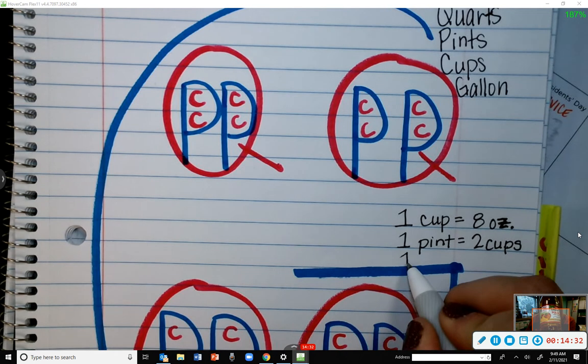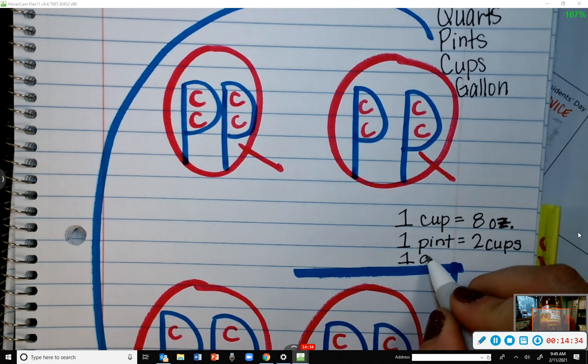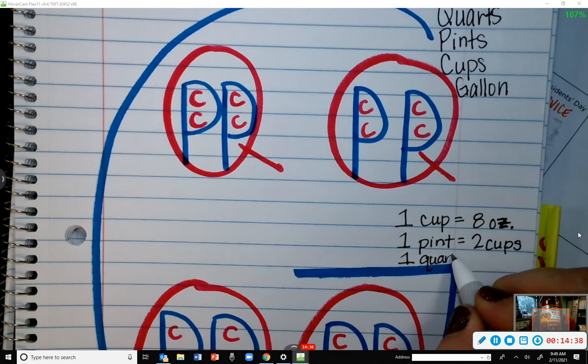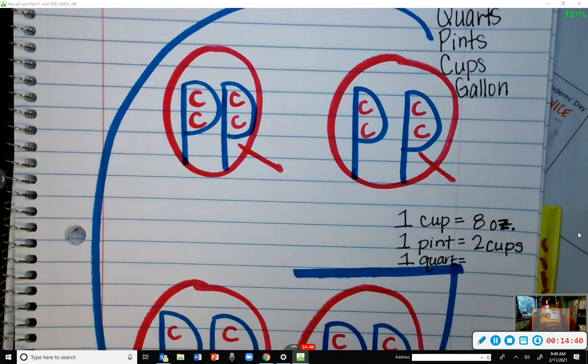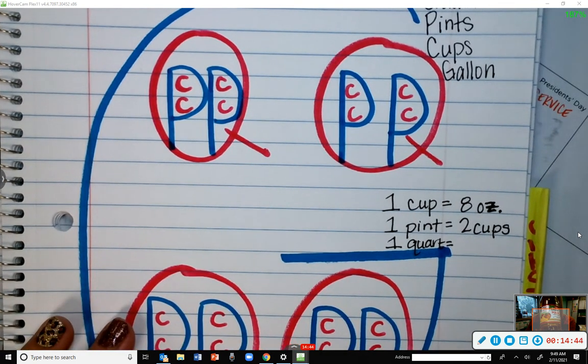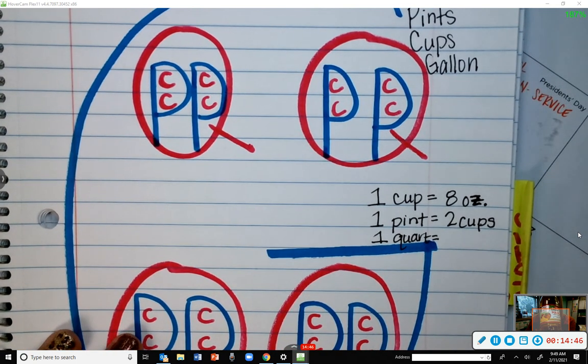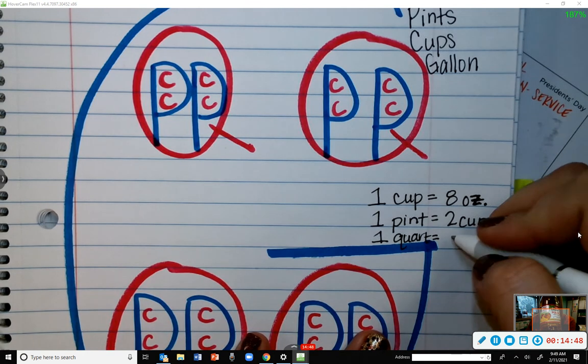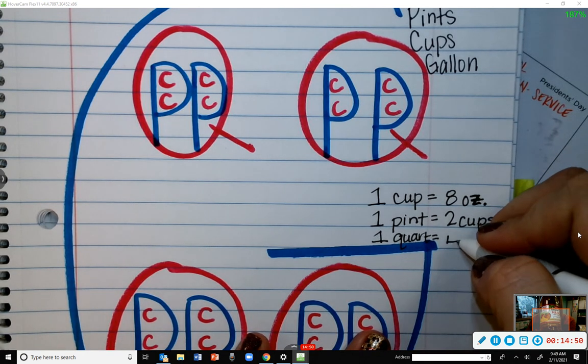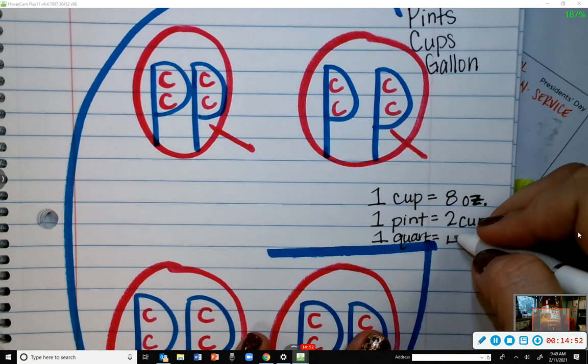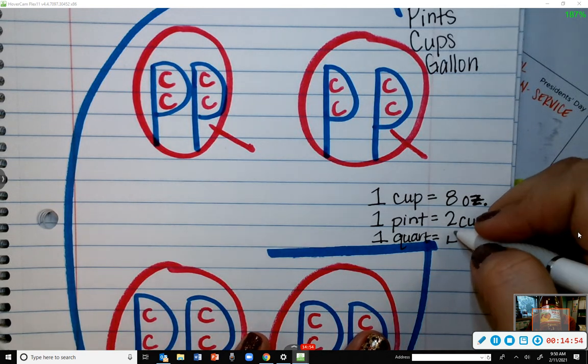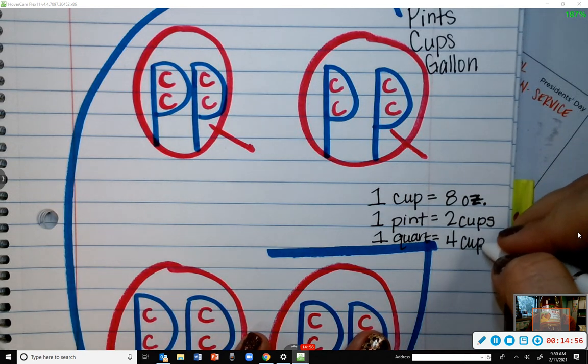Okay, 1 quart equals how many cups? Can y'all see that? 1 quart equals how many cups? Bryson? 1 quart equals 4 cups.